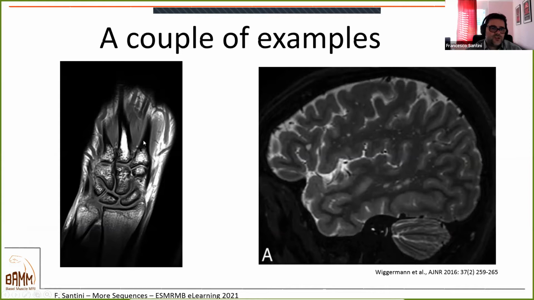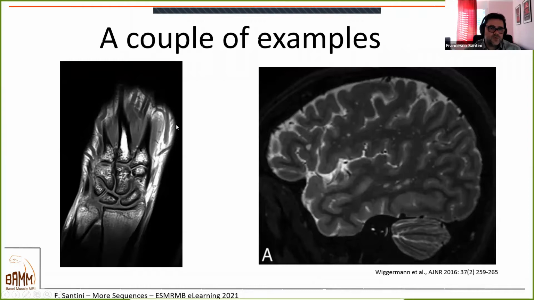Here we have an image of, I don't know if you all recognize it. It's a wrist. The radiologist most probably, yes. The common people like us probably know. This is a wrist, but this is a brain. This everybody knows. So you see that here we see a lot of bright structures, and if we want to see the joint here, the wrist, we want to actually see what happens between these bones.